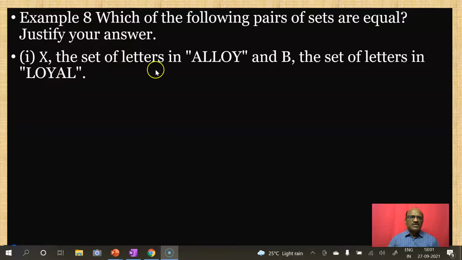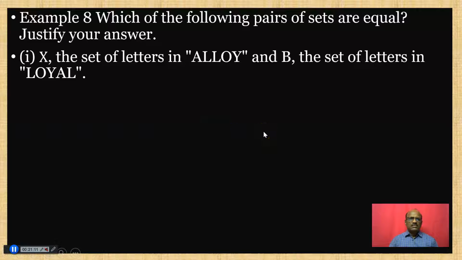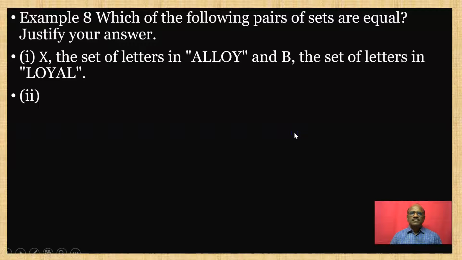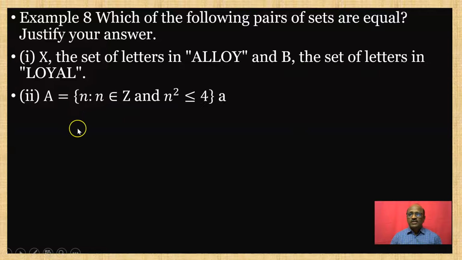Again, I will repeat: A is the set of letters in ALLOY, and B is the set of letters in LOYAL.